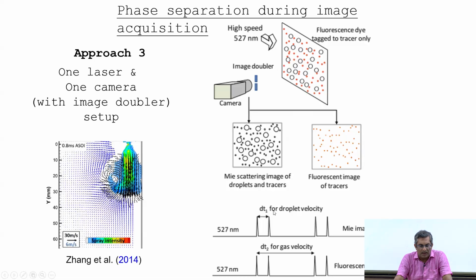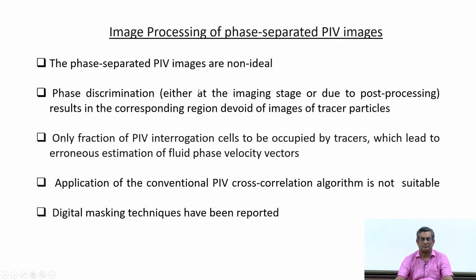Now how do we do image processing of the phase separated PIV images? Phase separated PIV images means you have the PIV image of the tracer particles. If we consider first the tracer particles image, it has some empty space.